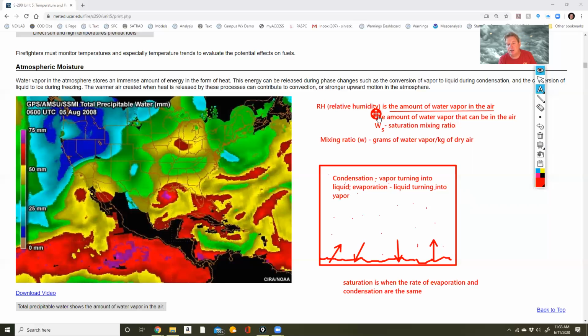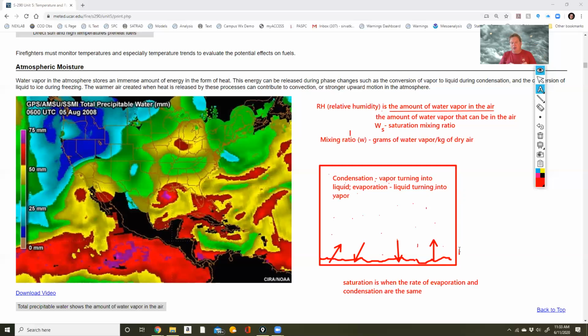That's what saturation mixing ratio is, W sub S. So when it's just W, that's mixing ratio. That's how much water vapor is in the air. And keep in mind, what did I say? It's the exact amount of water vapor. It's the best way to answer the question, how much water vapor is in the air? Well, there's W. W sub S is how much could there be? Now, I want you to think about this. Look in the box, and the molecules are going like this.